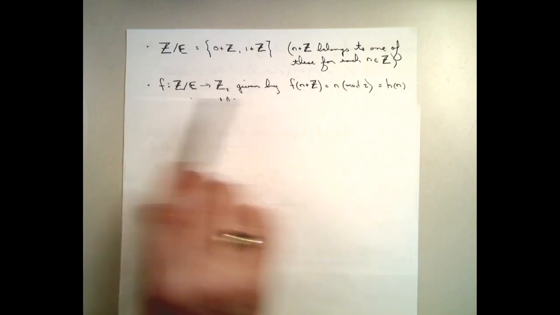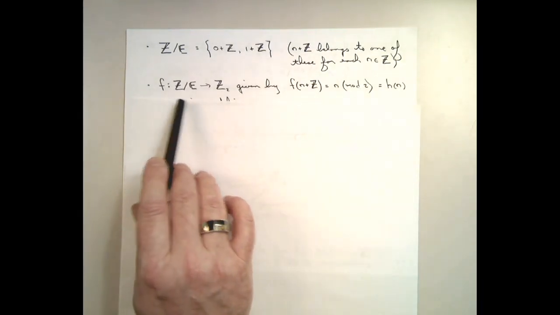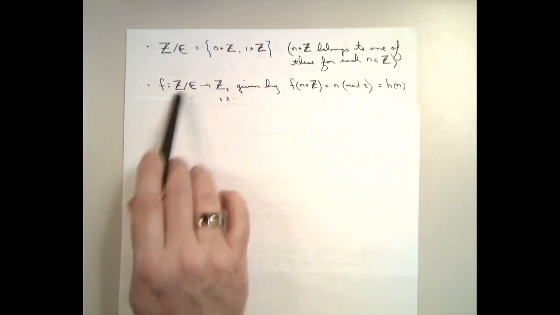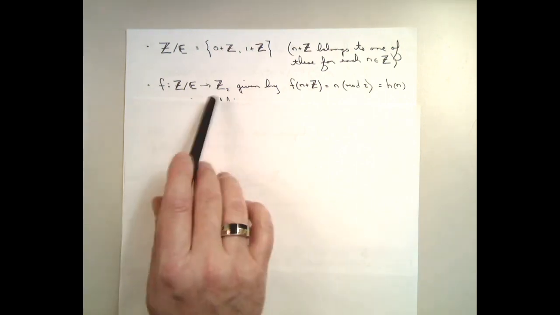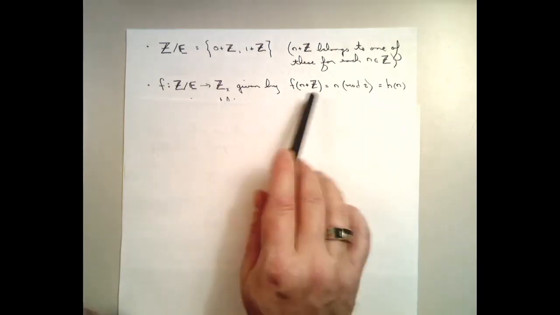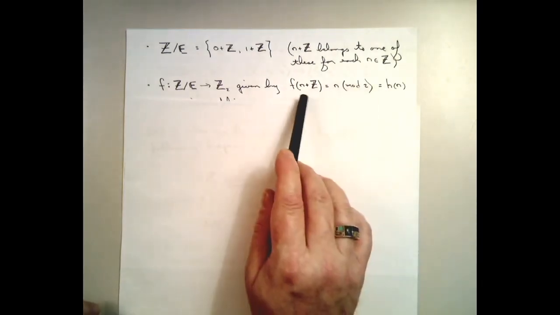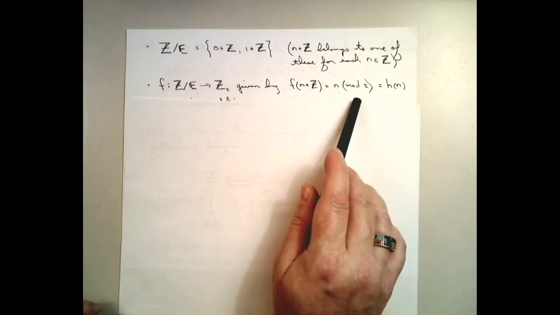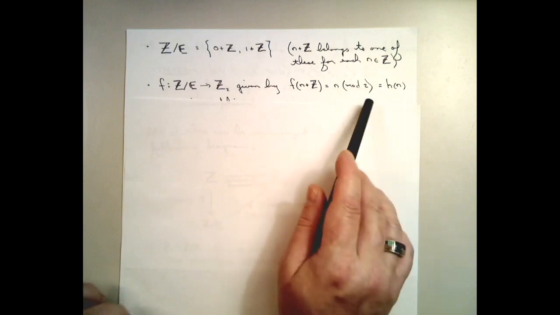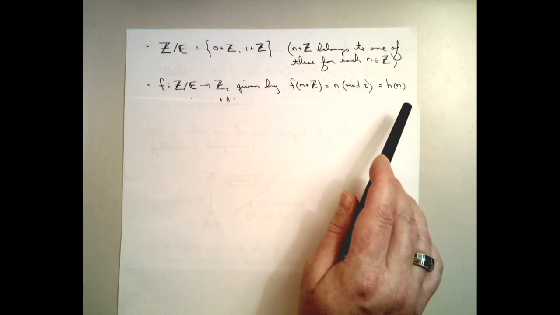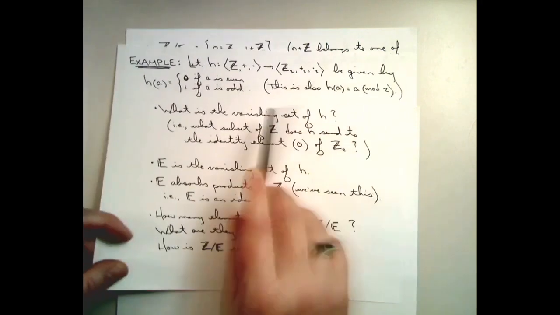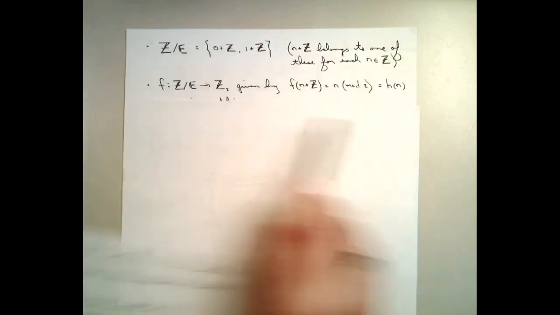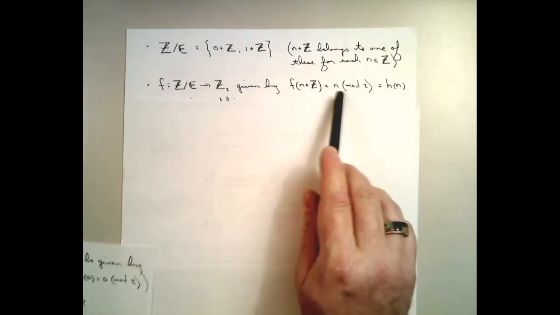If I consider the function that sends members of Z mod E to Z2, defined in the very natural way, let's send n plus Z to n mod 2. Of course, that's exactly how we defined h, isn't it? h sends a to a mod 2. So h of n is n mod 2.